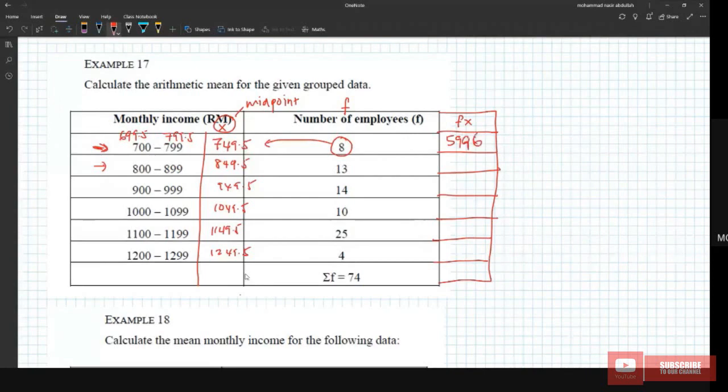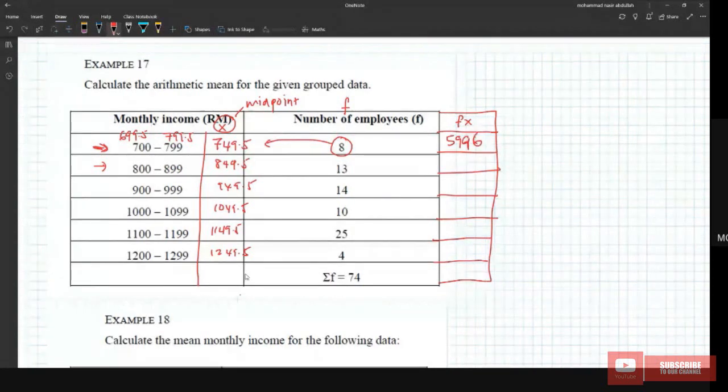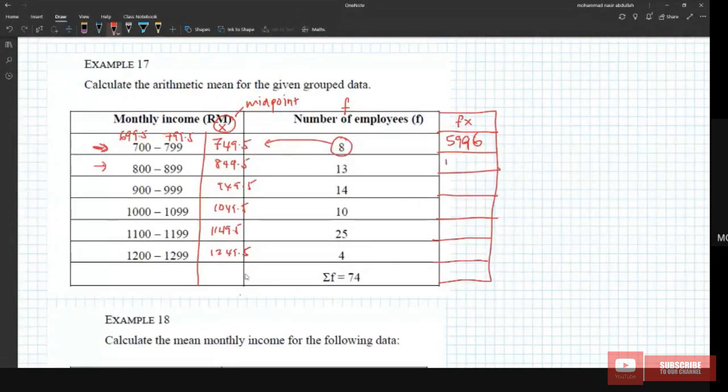And you go on to 13 multiplied with 849.5. It becomes 11,443.5, right? So can you please do it with me?